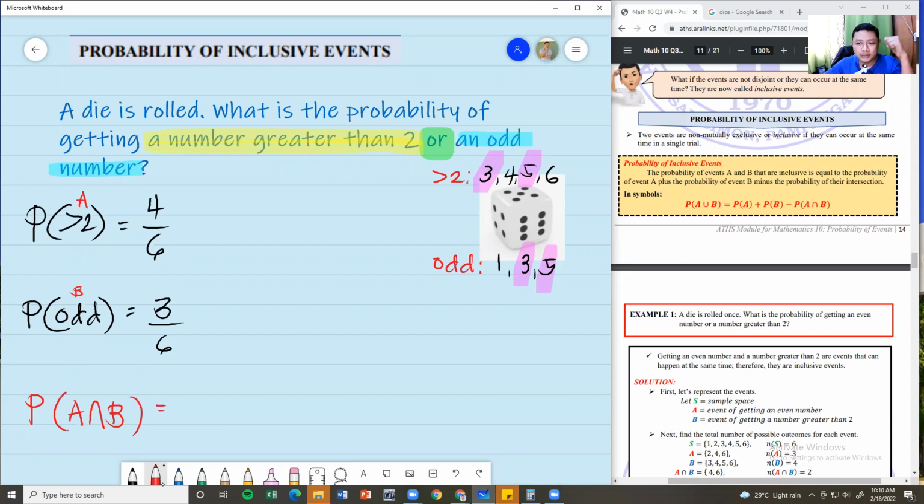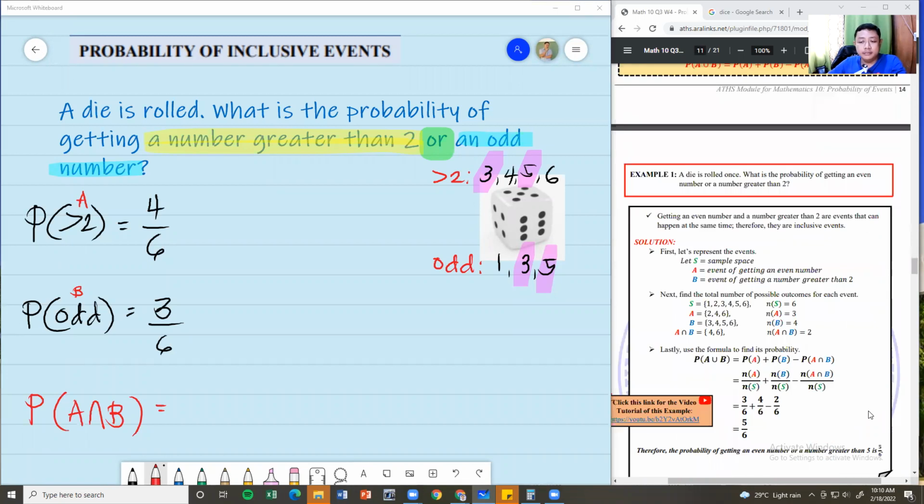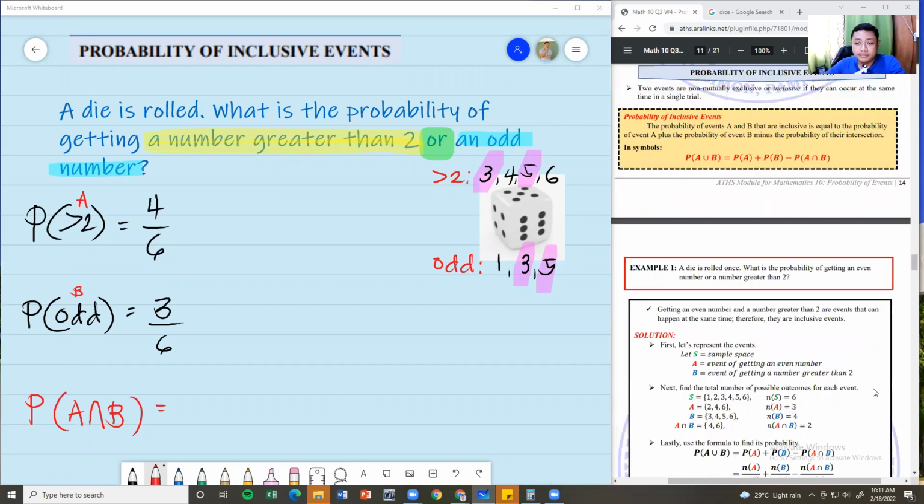And so therefore, what is the probability of the intersection of the events? Ilan sila? They are 2 out of how many? 2 out of the 6. Okay, kasi they are 3 and 5. So that is 2 over 6.